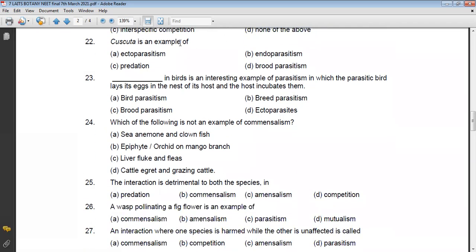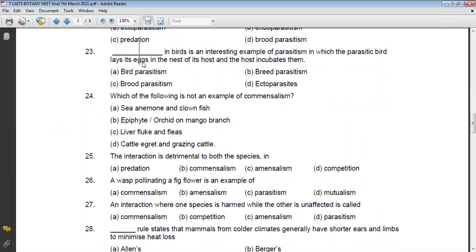Cuscuta is an example of, Cuscuta is a total stem parasite, so it is ectoparasitism. We have ectoparasitism, endoparasitism, predation, brood parasitism, so the answer will be ectoparasitism. Next, 23rd question.